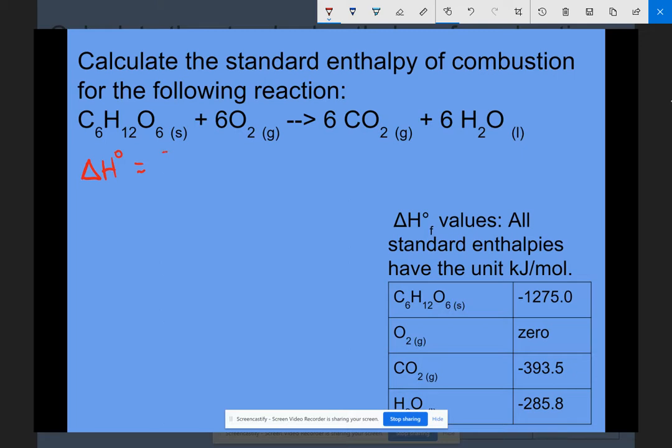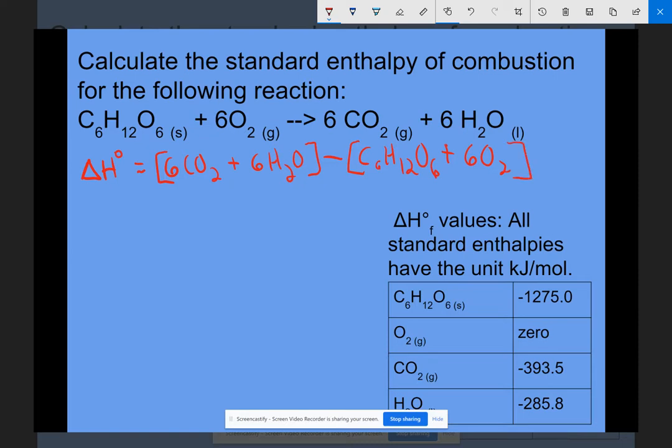In this case, I have 6 CO2s plus 6 H2Os, products, minus the reactants. We have C6H12O6 plus our 6 O2.